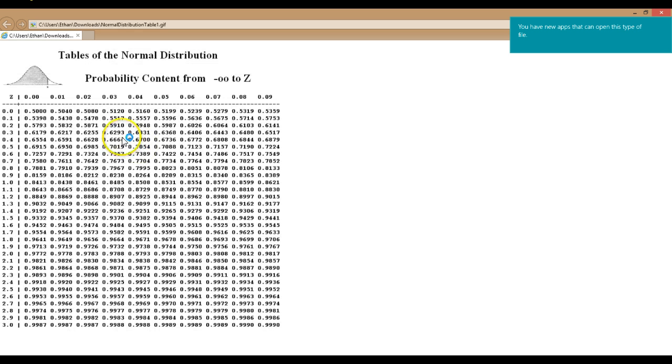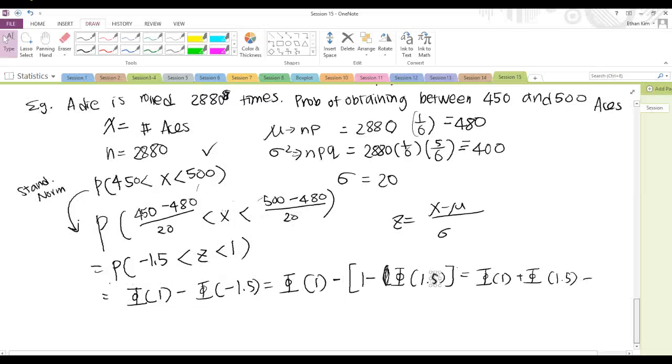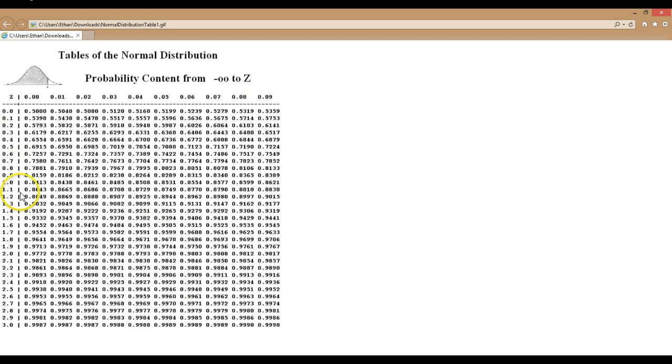Alright, so this is a table. And we're looking for phi of 1 and phi of 1.5. So phi of 1 is 0.8413.